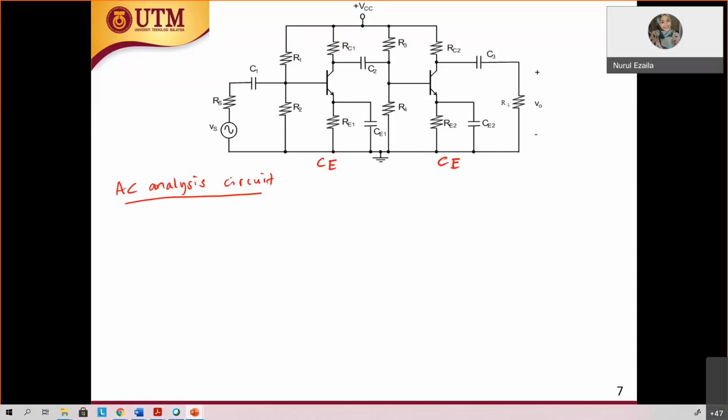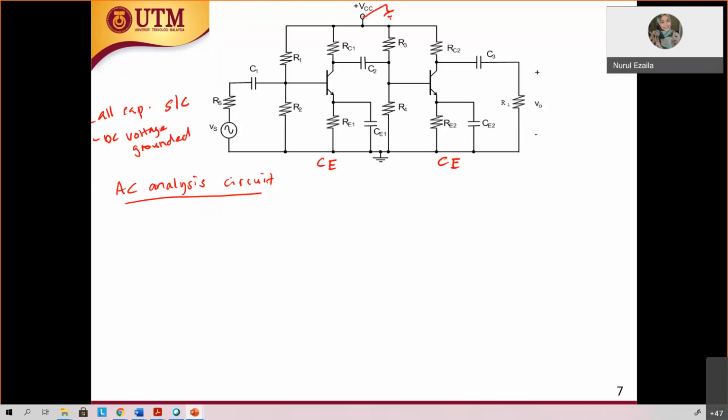The first thing for the AC analysis, what happens to all capacitors? Short circuit, correct. And DC voltage is grounded.